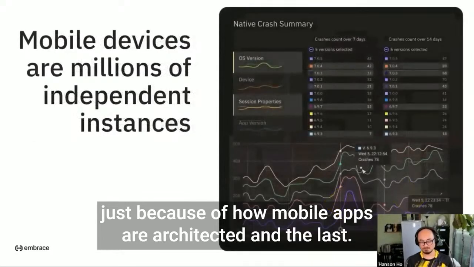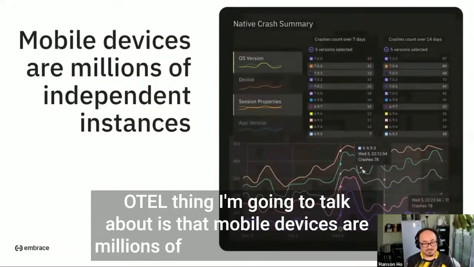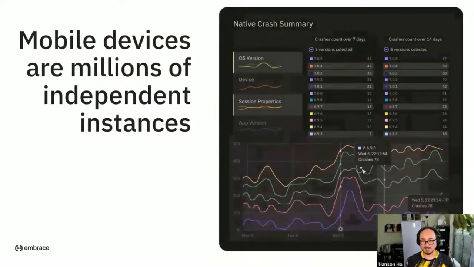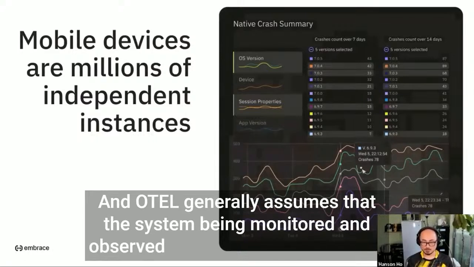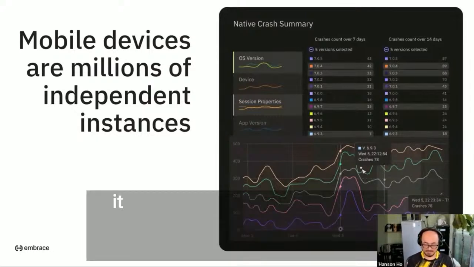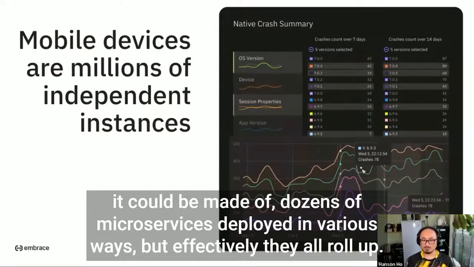And the last OTel thing I'm going to talk about is that mobile devices are millions of independent instances. And OTel generally assumes that the system being monitored and observed is one connected system. It could be made of dozens of microservices deployed in various ways, but effectively they all roll up.